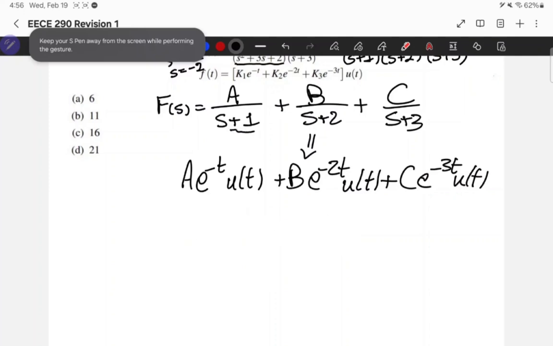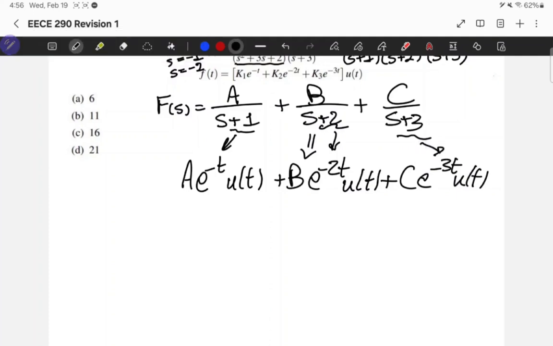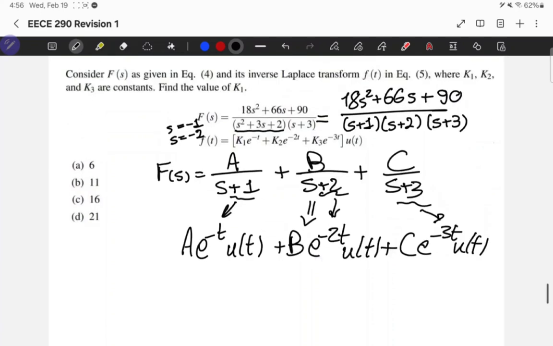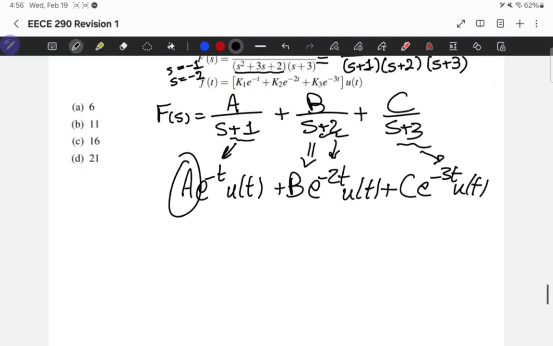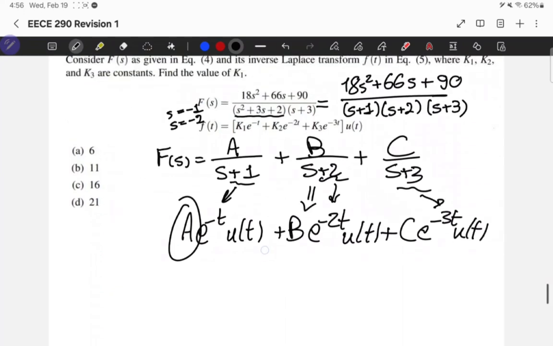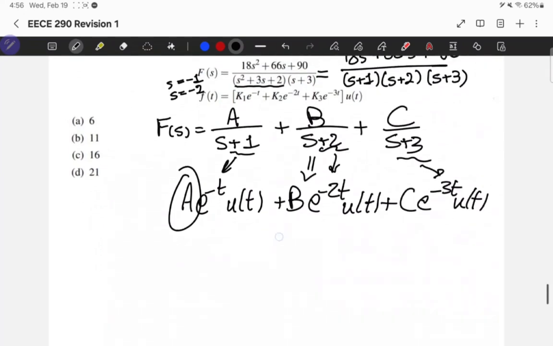Basically what I did is that I took this and put it in the exponent, I took this, I put it in the exponent, I took this and I put it in the exponent. And the question asks me for the coefficient k1, which is the coefficient of e power minus t, so I need a. How do I get a? I do the cover-up method, right?